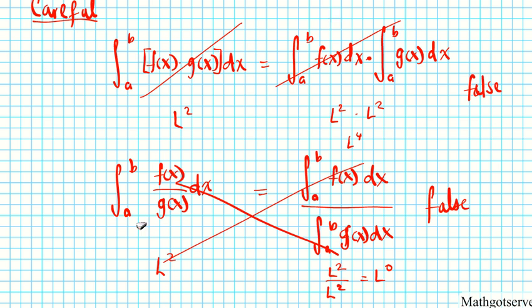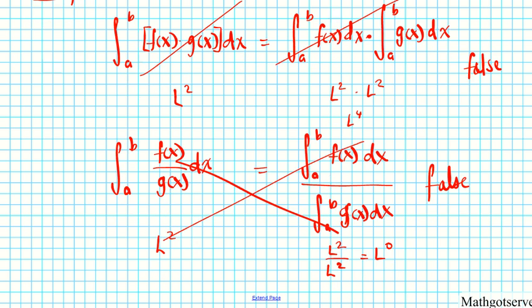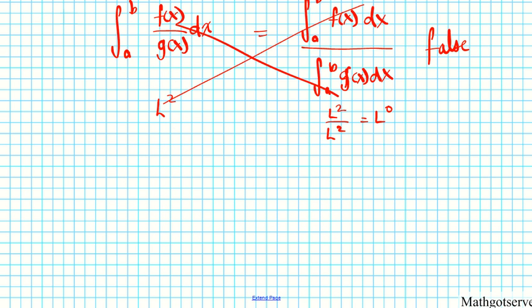Because they're inaccurate. You can only distribute the integral over sums and differences, right? Remember, this is the only thing that's true. You can do this from a to b of f of x plus g of x. We have something like this, a sum.